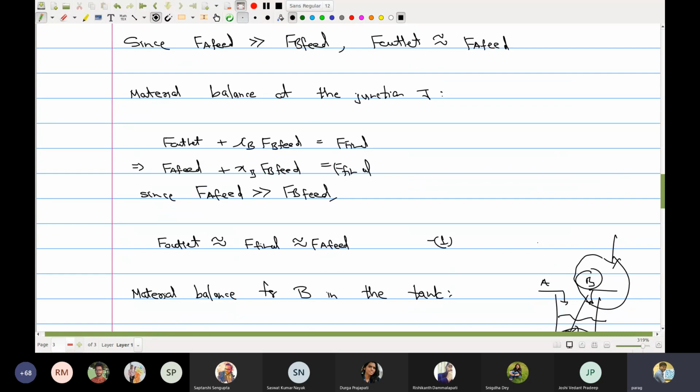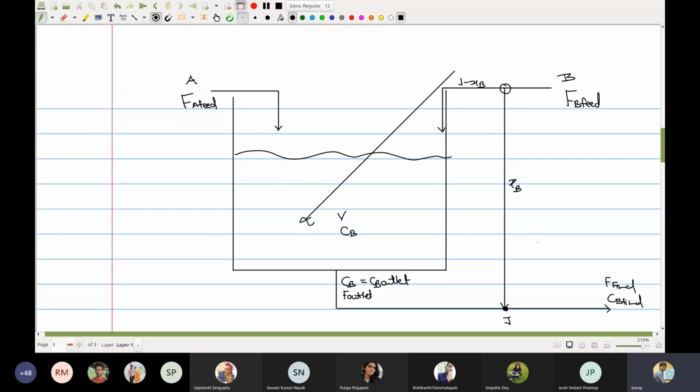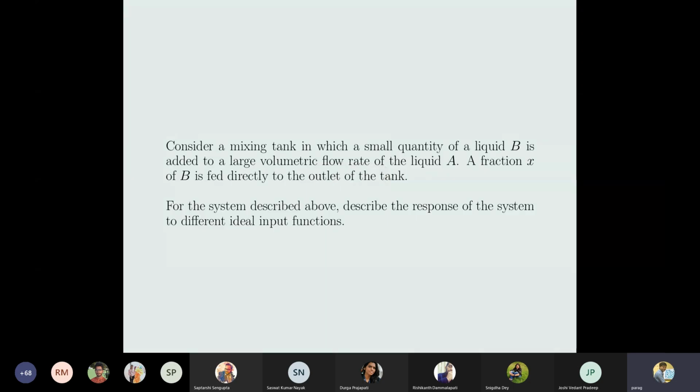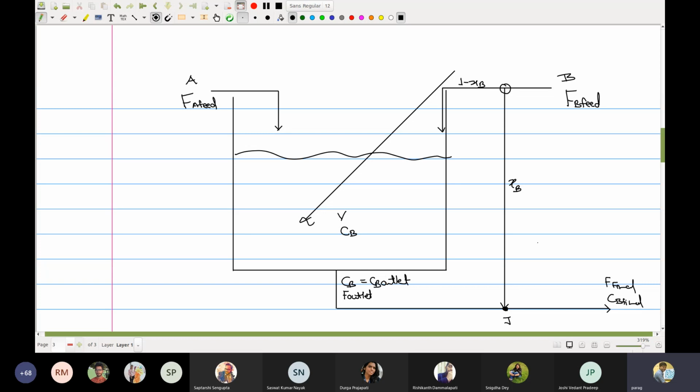Let's quickly look into what we have done. From this problem statement, there was a mixing tank, two inlet streams A and B. Volumetric flow rate of A was much larger than volumetric flow rate of B. Second point, fraction X was fed directly to the outlet. On the basis of that, we drew this diagram.